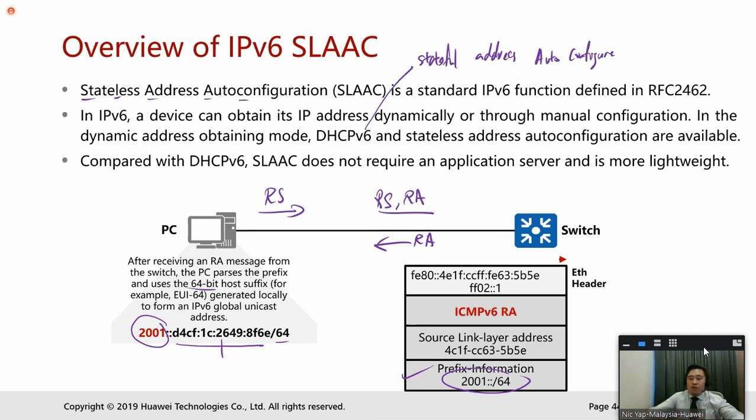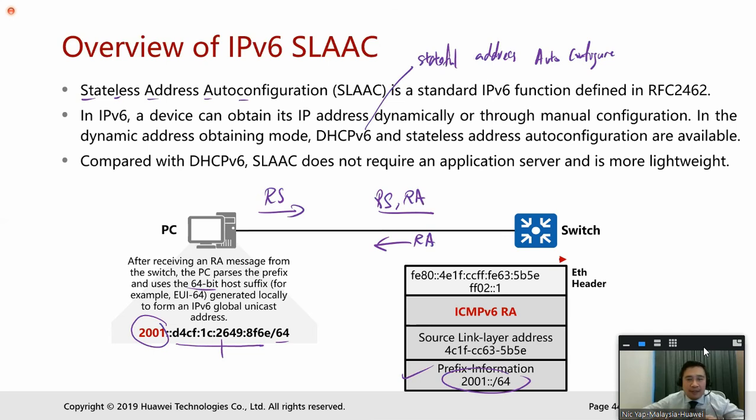Or you can also manually define what interface ID you want to use, but the prefix just follows what you learn from the routers. Okay, that is one of the ways of getting the address from the routers using stateless address auto configuration. That's one of the methods using SLAAC.